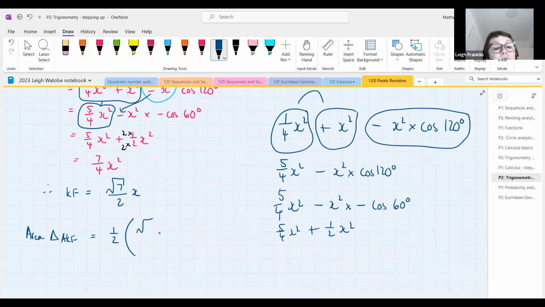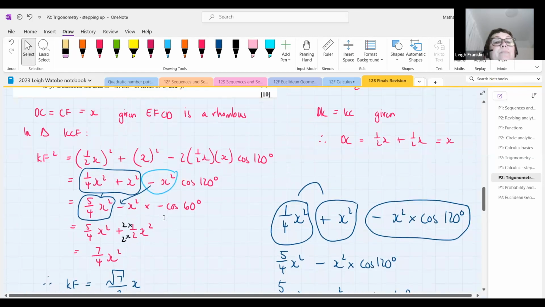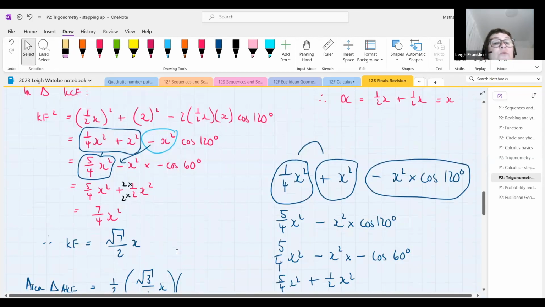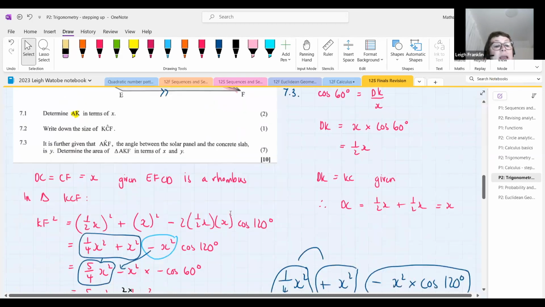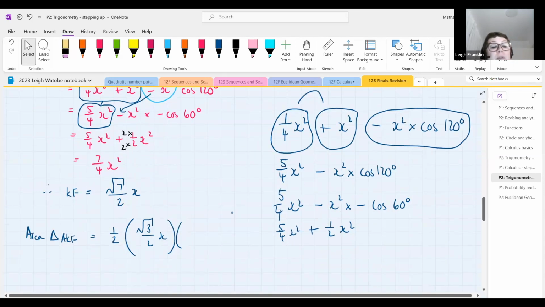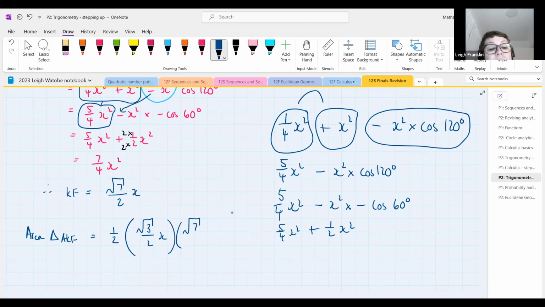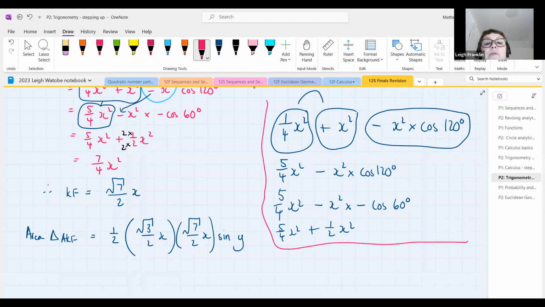So this is root 3 over 2x. The other side is what we've just calculated. That's KF. So that is root 7 over 2x, sine y. Okay, and then remember all of this was just separate. I was just explaining my working out there.